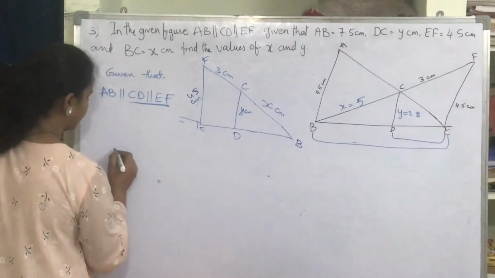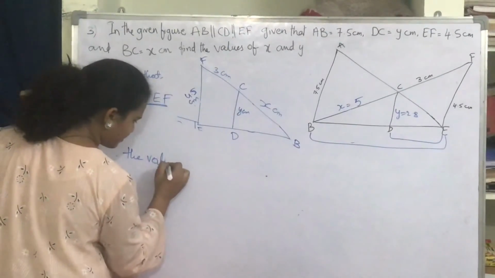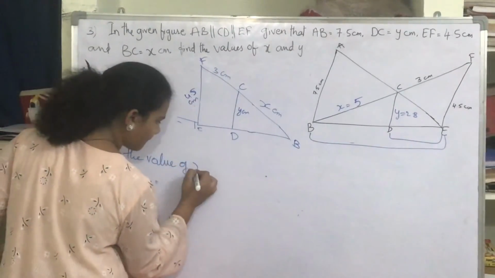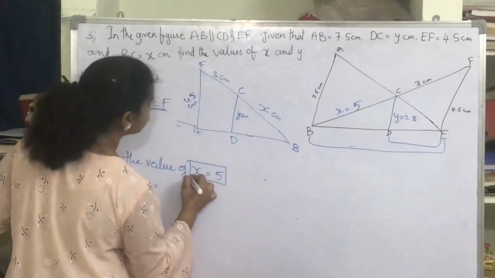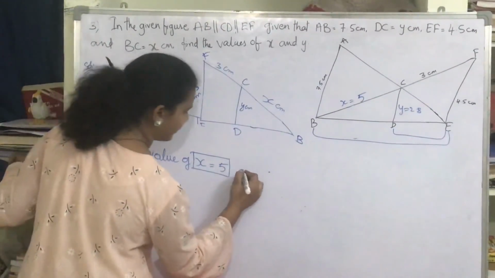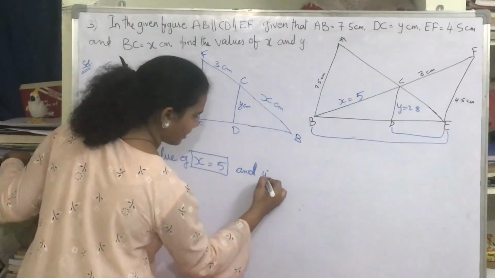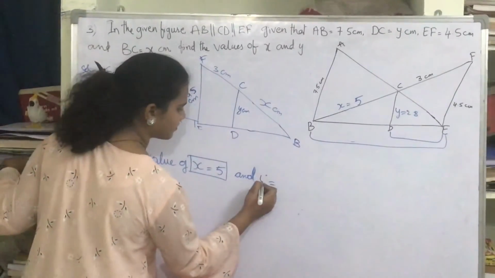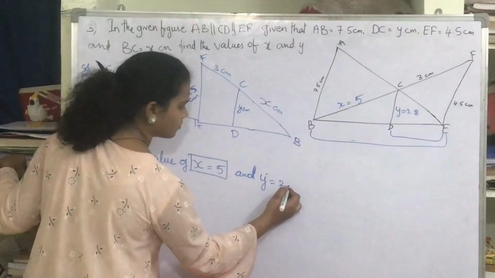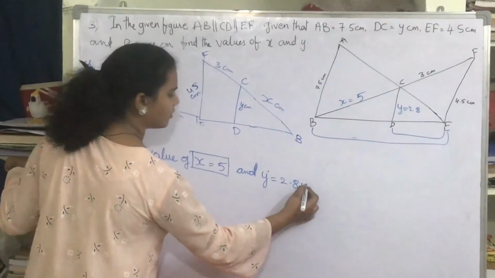Therefore the value of x equals to 5 and y equals to 2.8. We can either write 2.8 or 2.8125.